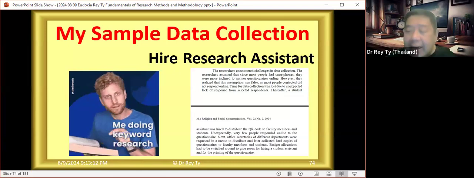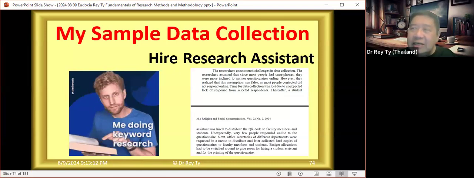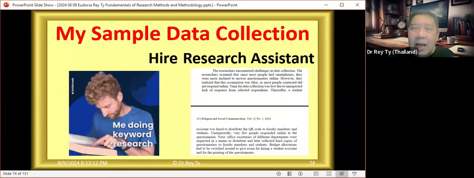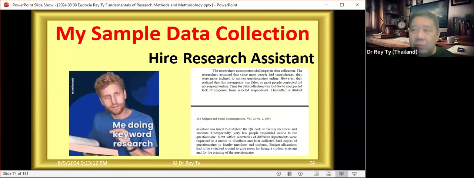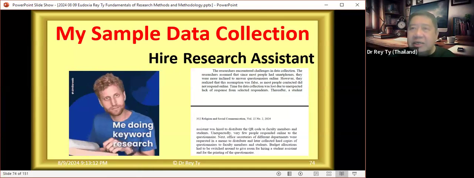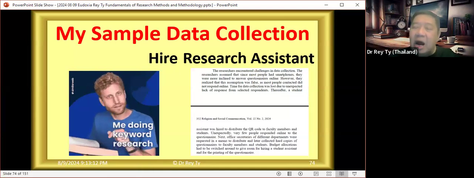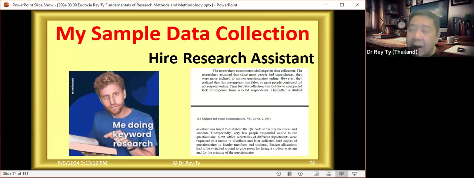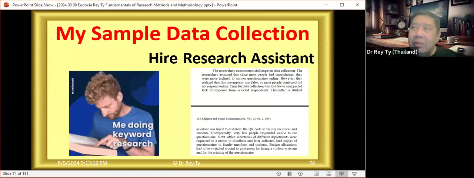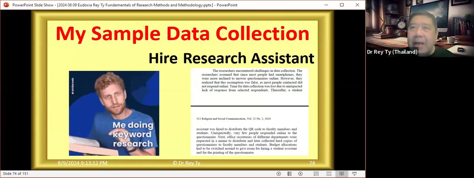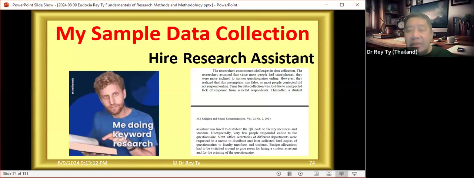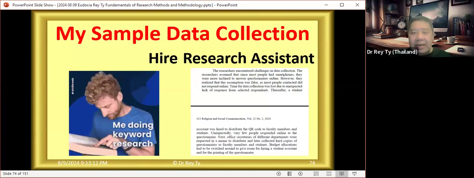It failed again, even if students and faculty members have a smartphone. So we decided that the research assistant must print and bring hard copies. So no matter how high tech we are, we go back to the paper and pen way of doing the survey. That was the reality.